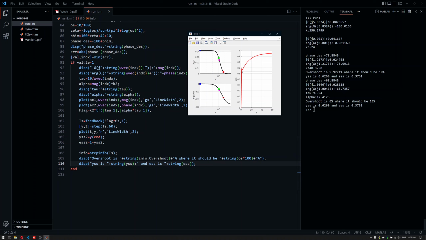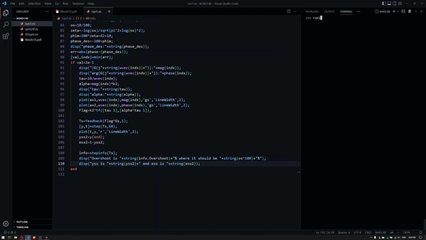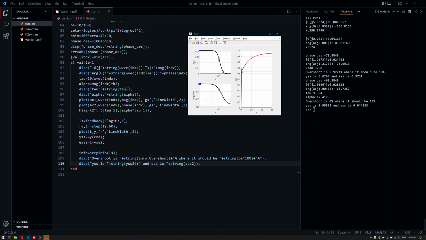There we go. It's still displaying the old information here. So we can see there's 0.95 and ESS is 0.04. But yeah.